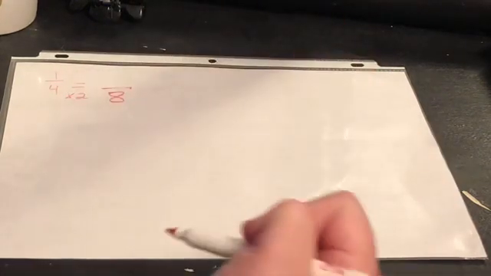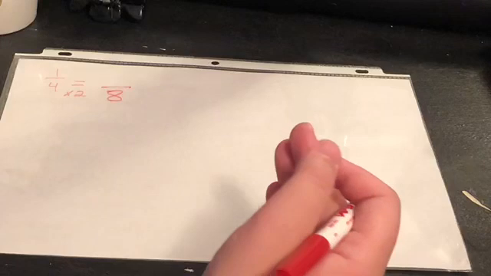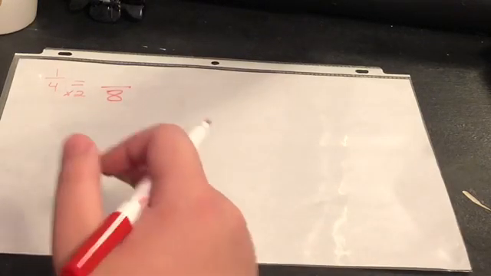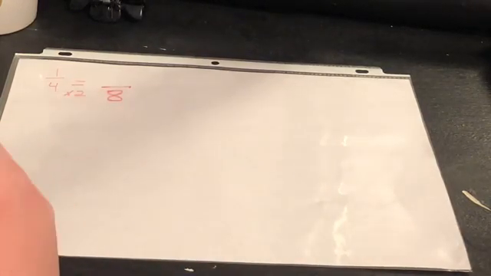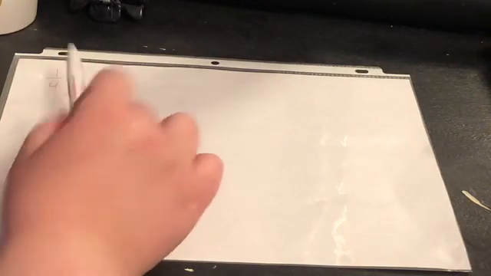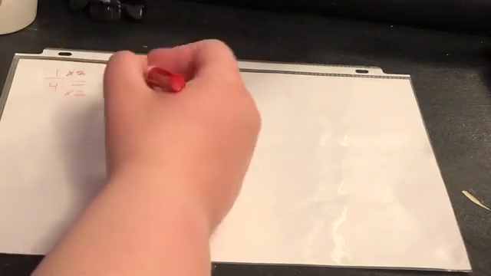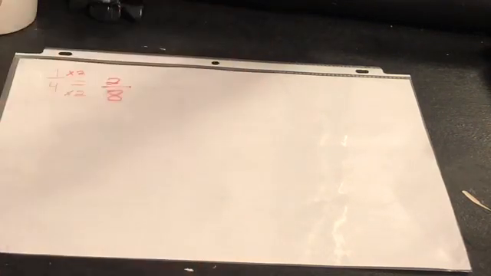So, if we're doing an equivalent fraction, we know that we have to multiply or divide, in this case we're multiplying, the same number by the numerator and the denominator. Well, since we multiply 4 by 2, we have to multiply 1 by 2. 1 times 2 equals 2. So an equivalent fraction to 1/4 is 2/8.